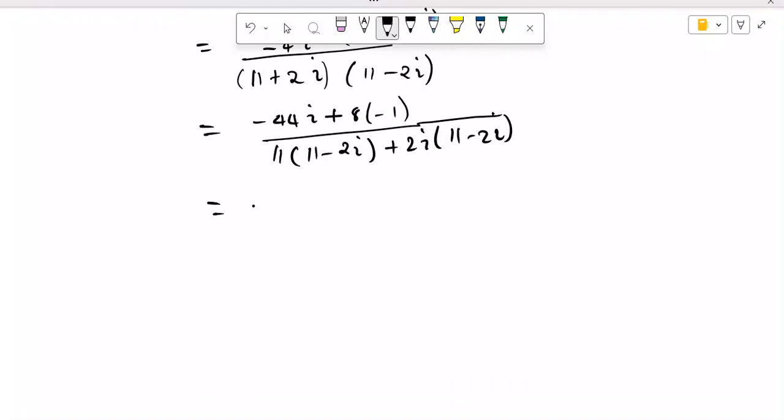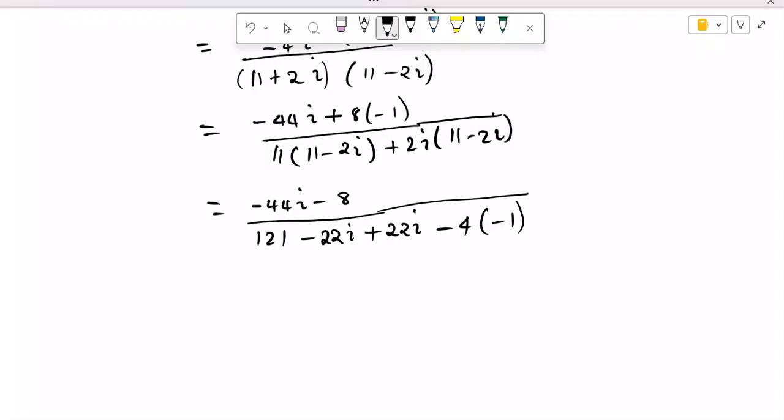Okay, so now equal to negative 44i minus 8 over 11 by 11, I think it's 121, yeah, okay, minus 11 by 2, you have 22i, plus 2 by 11, you have 22i, then positive by negative, negative, 2 by 2, 4, i by i, negative 1.